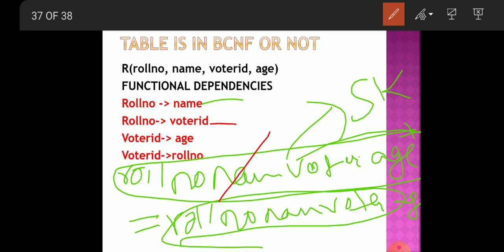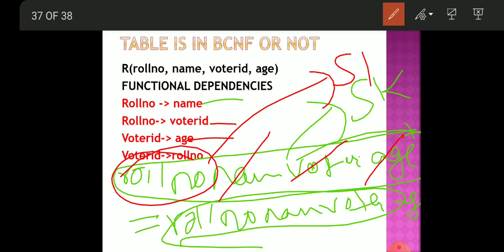So again there is no need of voter ID. Now due to the third functional dependency, if we have voter ID we can find out age. With the help of roll number we can find voter ID, and with the help of voter ID we can find out age. So we can remove age also, right? Now roll number is there, and we cannot remove roll number, because if we remove roll number then we cannot find anything. So roll number is the minimal super key we can find out.